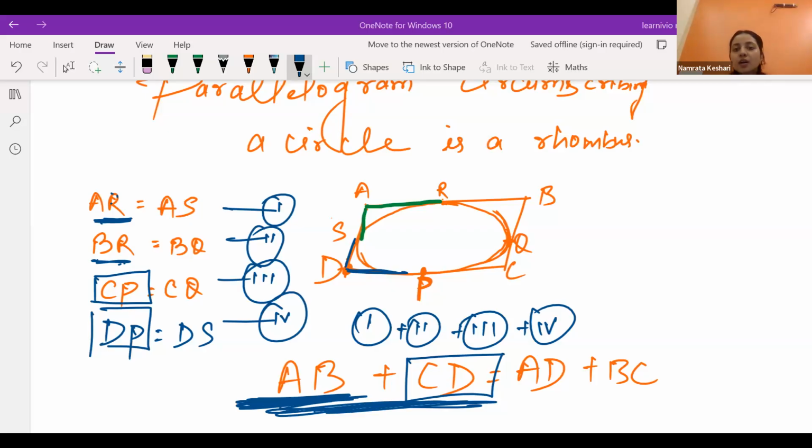Shall I explain it again, or we can move ahead? Yes, Fazan, are you getting it? Galvin? Yes. Yes, ma'am. Getting it, ma'am. Okay, so we are done till here.